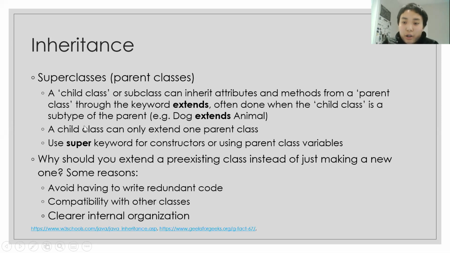It's important to know that a child class can only have one parent class, so you can't extend multiple parent classes. And the keyword super is used for constructors. When you're calling a method in the parent class, or using a variable stored in the parent class, you would use the super keyword, similarly to how you use the this keyword within a class. I'll show this in a second so it'll make more sense.